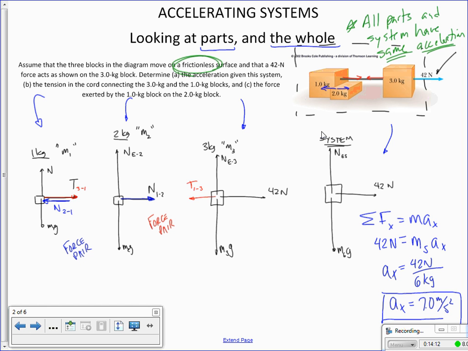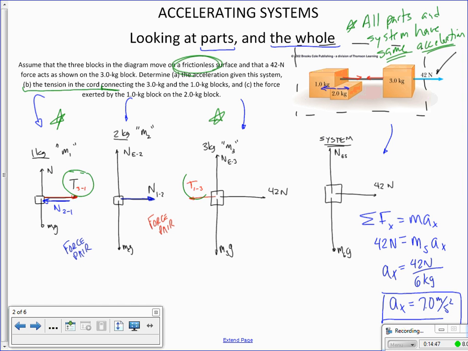All right, so when we look at part B, find the tension in the cord connecting the 3 and the 1, well, that means we're either going to have to use this one or this one. The question is, where are there fewer unknowns? And then when we get to part C, so for part B, tension in the cord. Look, here's the tension.